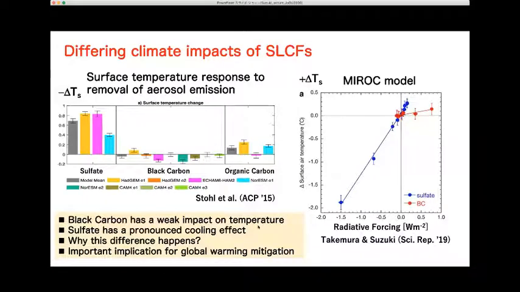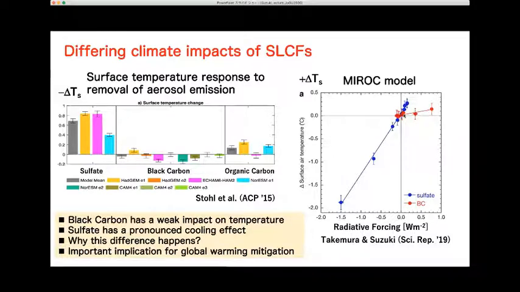So this has a very important implication. For example, global warming mitigation is basically considered for CO2 and greenhouse gases, but there is also a possibility to mitigate global warming by controlling these aerosol particles.